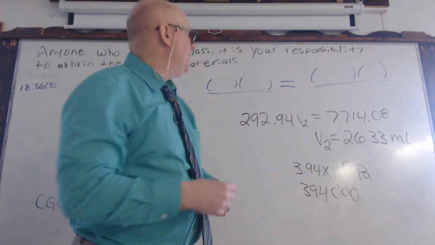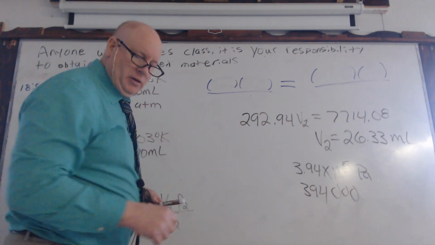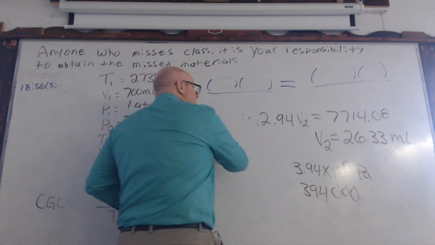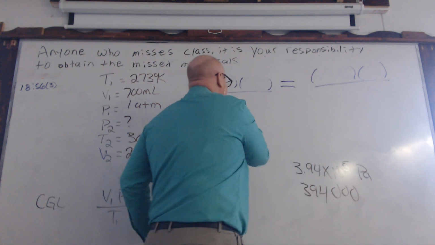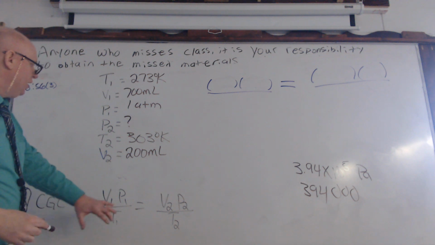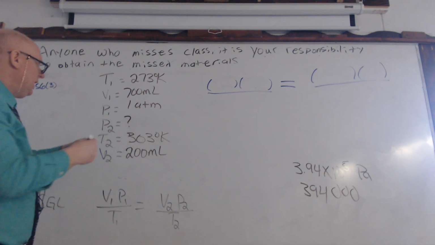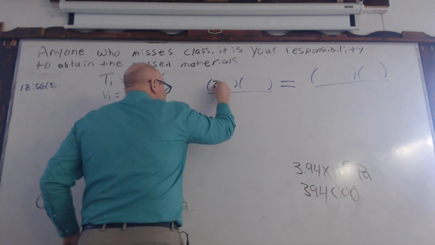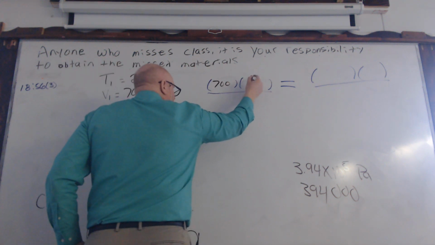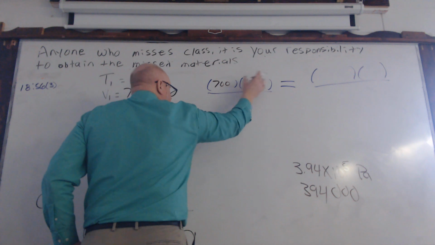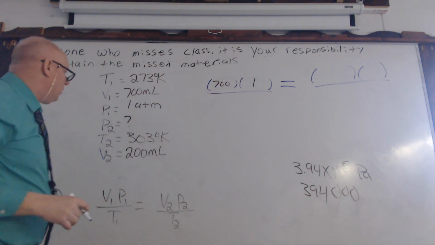Okay, we'll go ahead and get rolling again. So this was the prior problem. We got our equation. We have our setup. We got 700 that goes up on top, and then we can just have 1 there. You could just have left that at 700 if you wanted to.